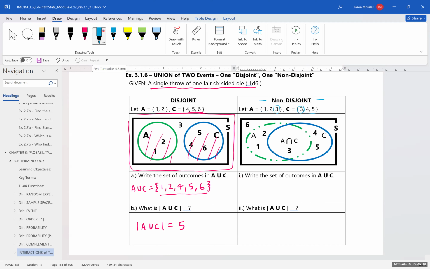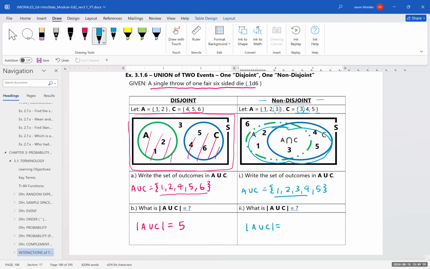So let's write the set of all outcomes of A union C. That's going to include everything in these two areas combined: 1, 2, 3, 4, and 5. So here, the order of their union is going to be the number of elements in that union, which is 5. Let me know if you have any questions.